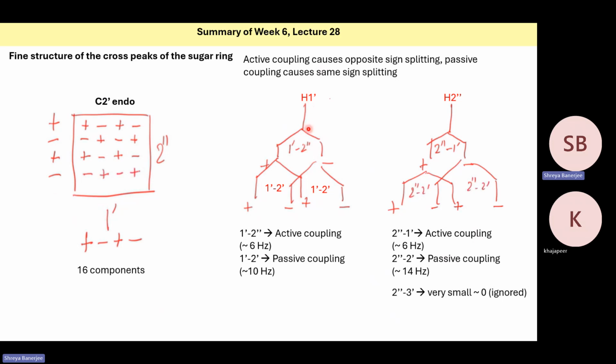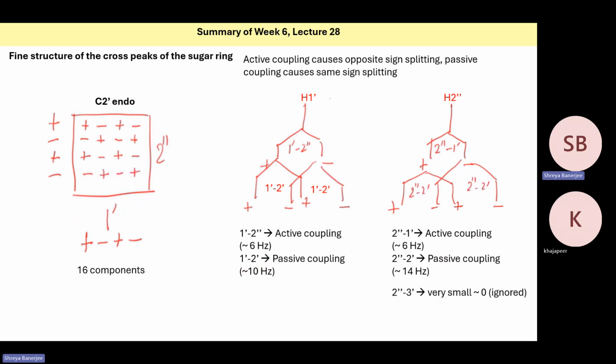So initially the 1 prime is split by 2 double prime into 2 components. And because 1 prime 2 double prime is the active coupling, that is the coupling we are looking at, the components will be of opposite phase. So it will be plus minus. The next splitting of 1 prime is due to 2 prime. Now it is important to remember that the 1 prime 2 prime coupling is greater. It is 10 hertz.